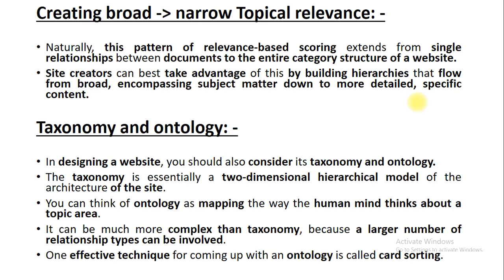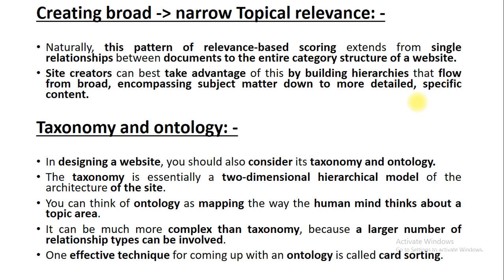Now we have learned two different words, that is taxonomy and ontology. Taxonomy is when you want to represent your content in a two-dimensional hierarchical model which is related with the architecture of your website, that concept is known as taxonomy.